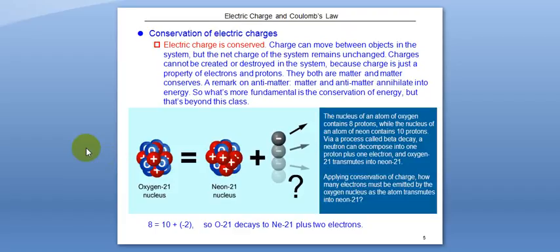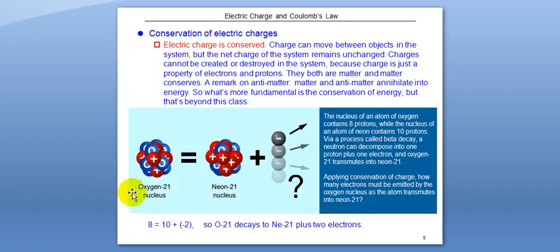As you see in this figure, oxygen 21 and neon 21 are each in a nucleus, and here is an equation like 8 equals 10 plus minus 2.